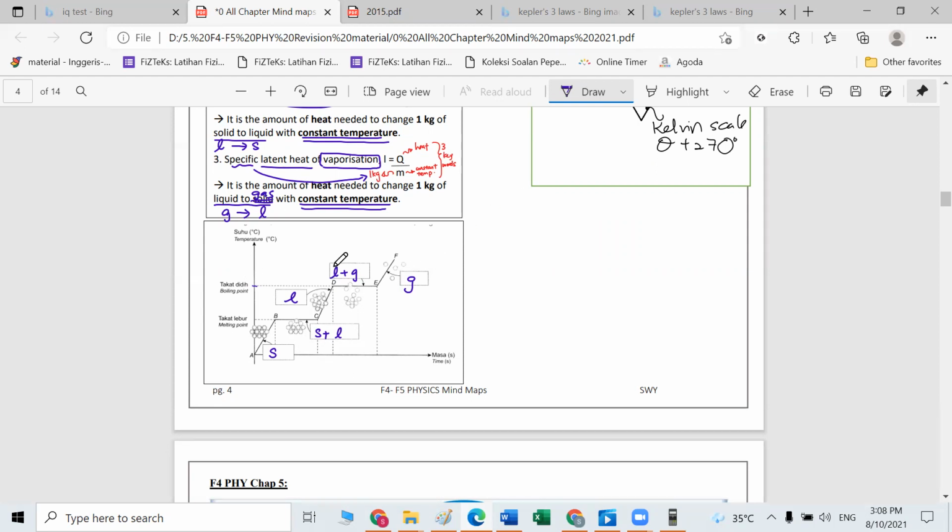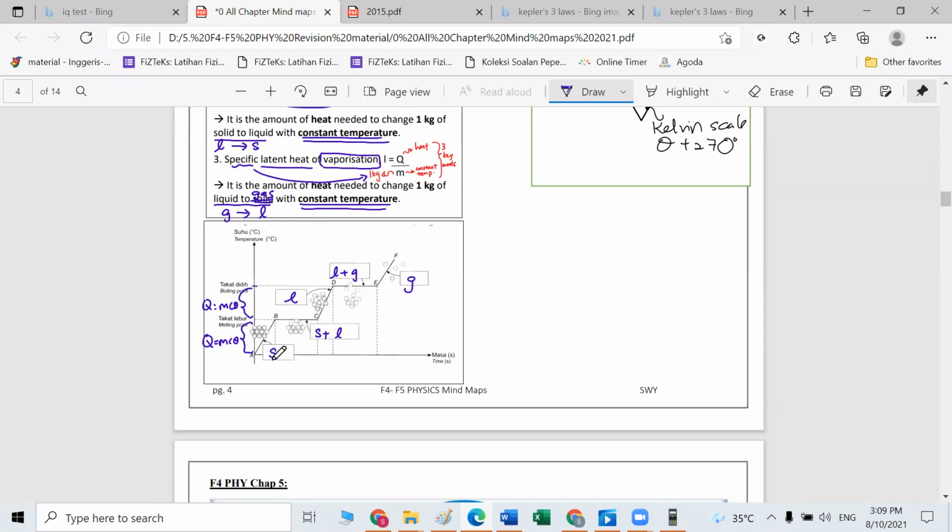All right, so next, because there is an increase of temperature, the Q here is mc theta.